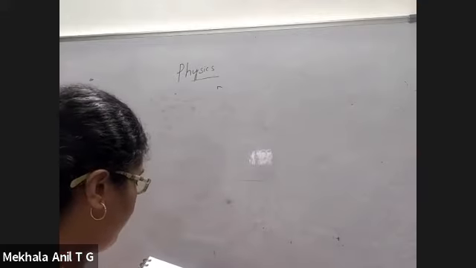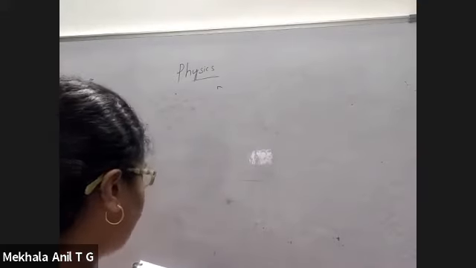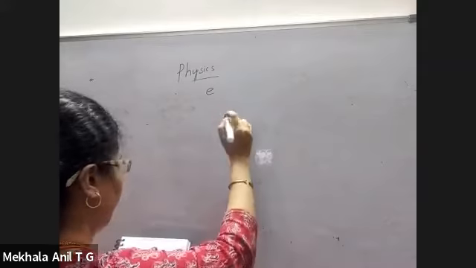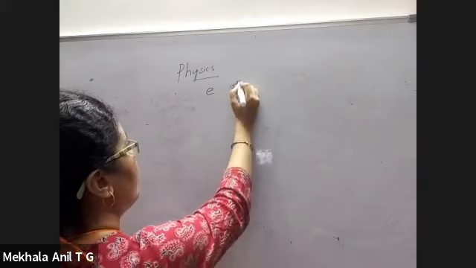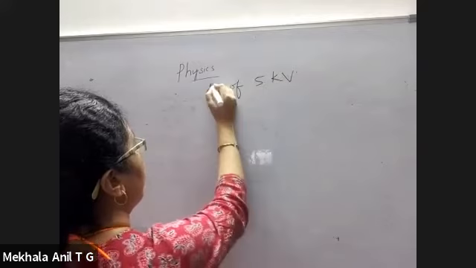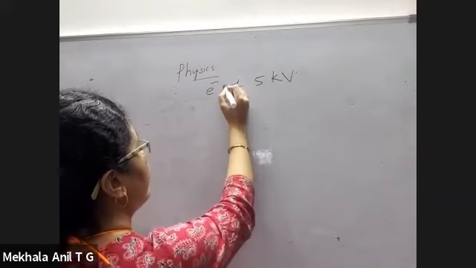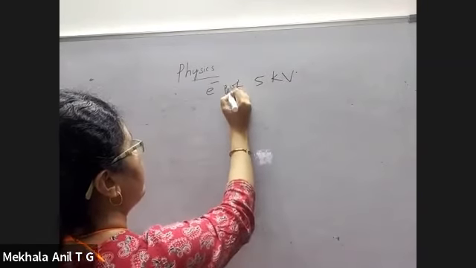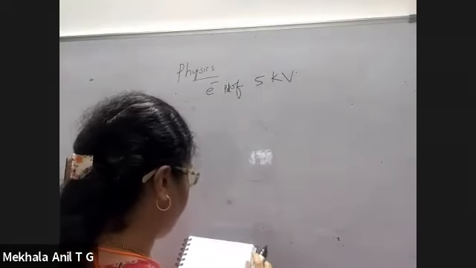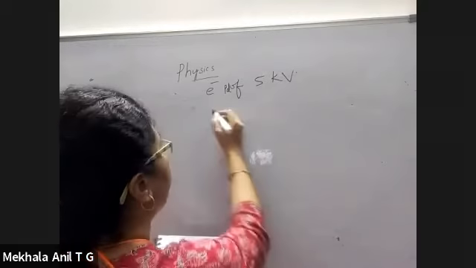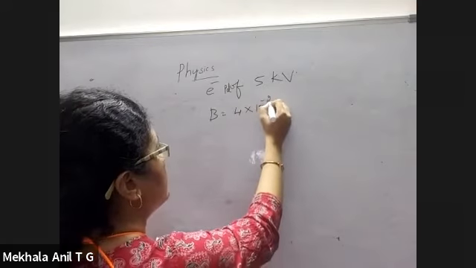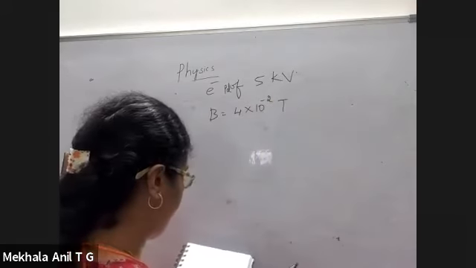The next problem is: an electron is accelerated by a potential difference of 5 kilovolt, and then enters a uniform magnetic field of 4 into 10 power minus 2 Tesla.